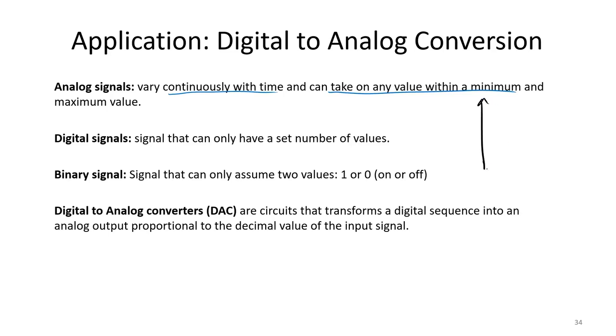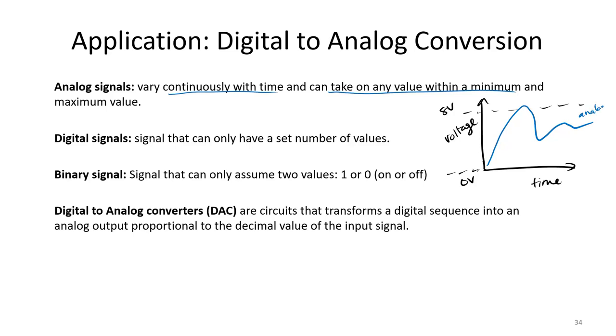For example, suppose I had a signal that could range anywhere from 0 volts to 8 volts. Now my analog signal could take on any value within that minimum and maximum range.